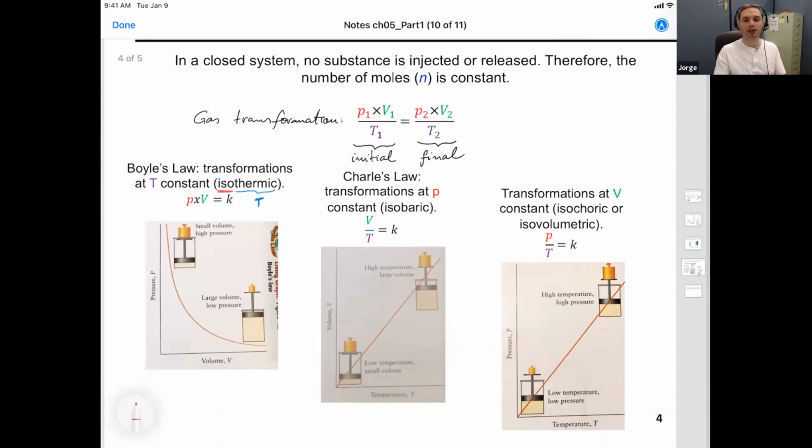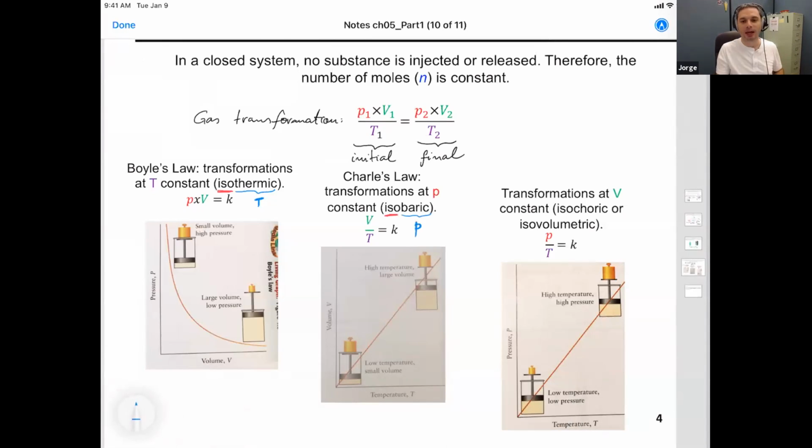The second kind of transformation that's described by the Charles law are transformations at constant pressure. Those transformations are called isobaric. Again, iso means equals or constant, and baric, remember barometer, that means pressure.